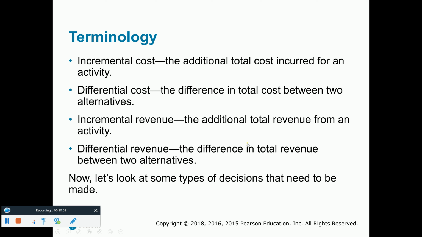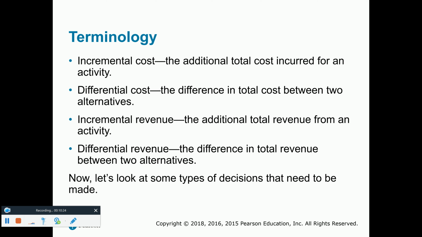Okay, some more vocabulary here before we move on. An incremental cost is the additional cost incurred when we do one more activity. We make one more product. We make 10 more products. We make 100 more products. That is the incremental cost.